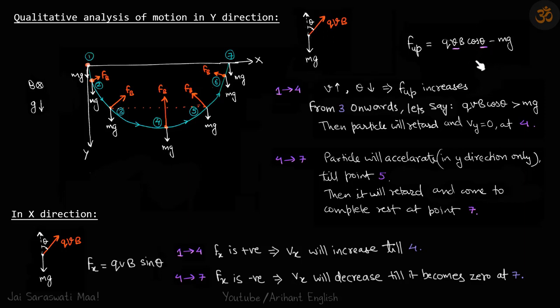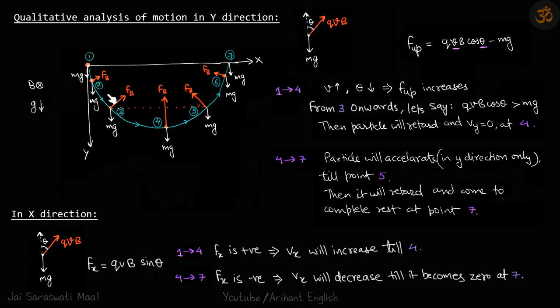Now during its motion from 1 to 4, F upwards keeps increasing. During 1 to 4, v is increasing, and because theta is decreasing, cos theta is increasing. So qvB cos theta is increasing as it moves from 1 to 4.